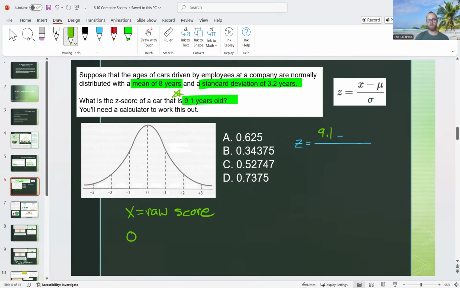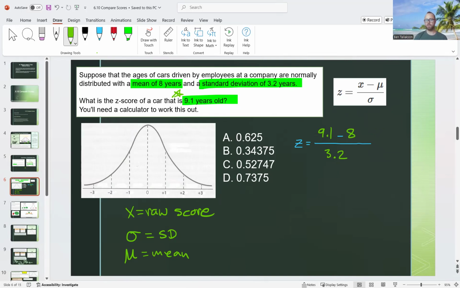If you don't remember that, label that too. I'll just put SD for now. Okay, standard deviation was 3.2, and then the last symbol here, that's the mean, aka the average, they told us, is 8.